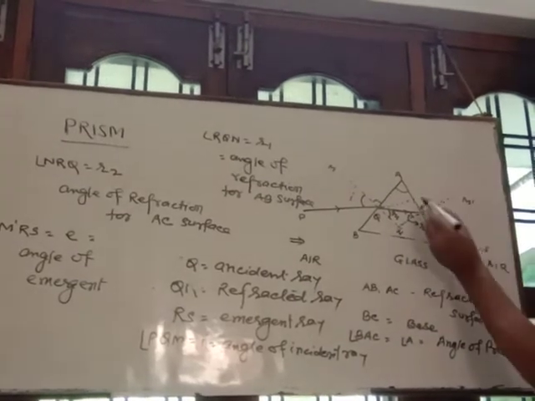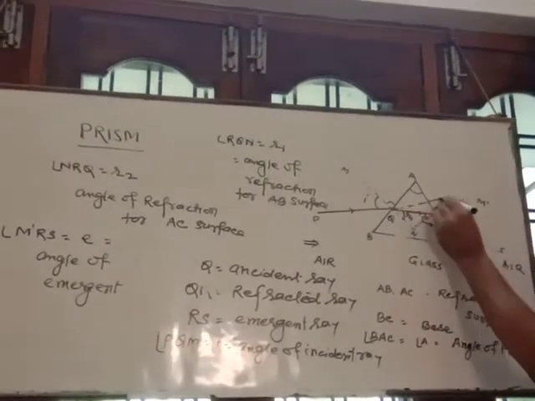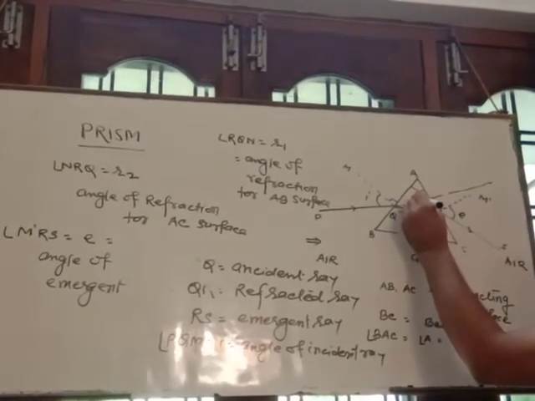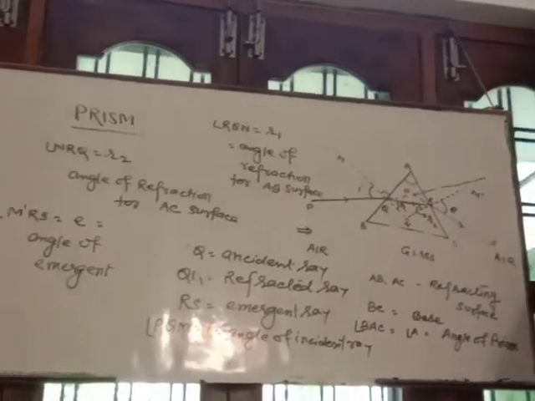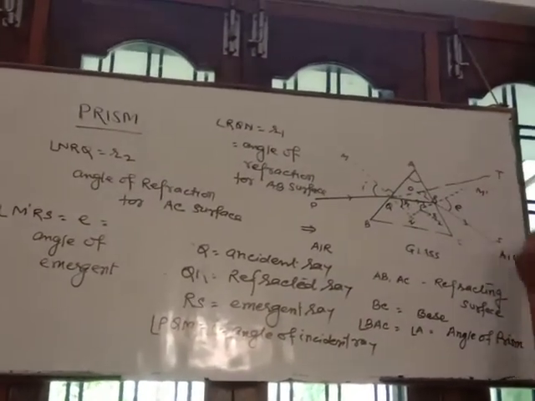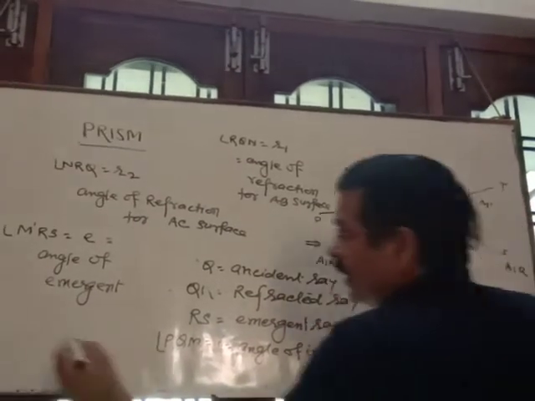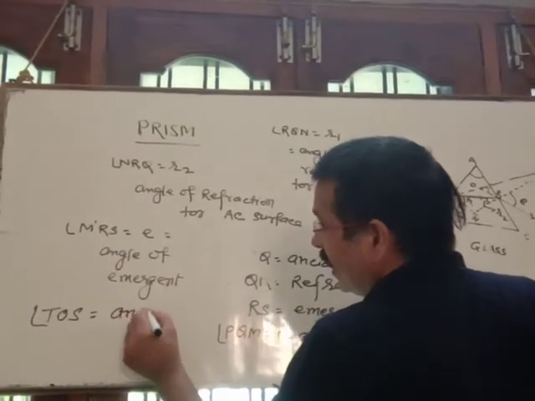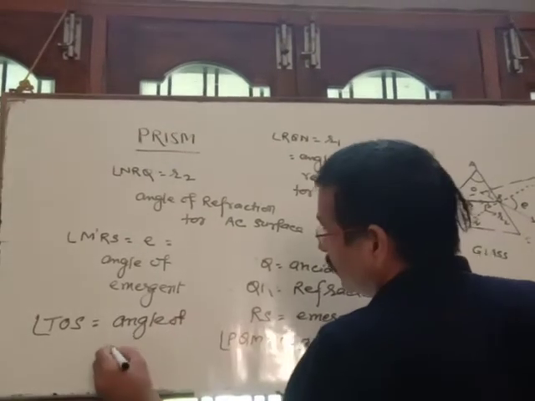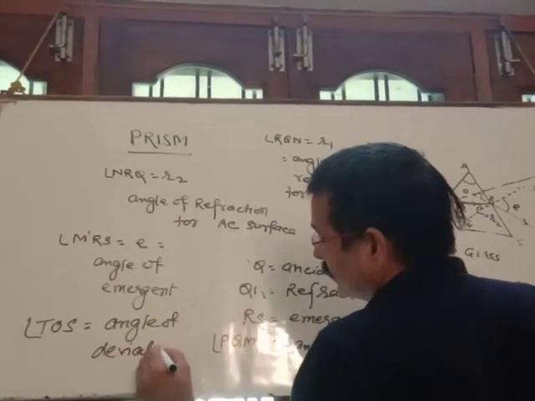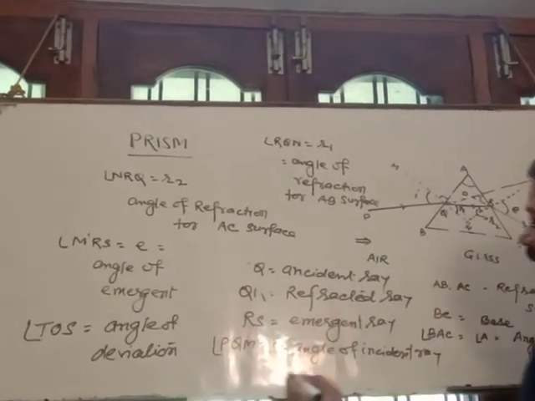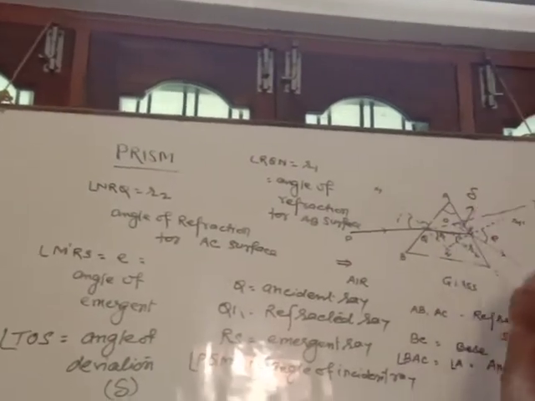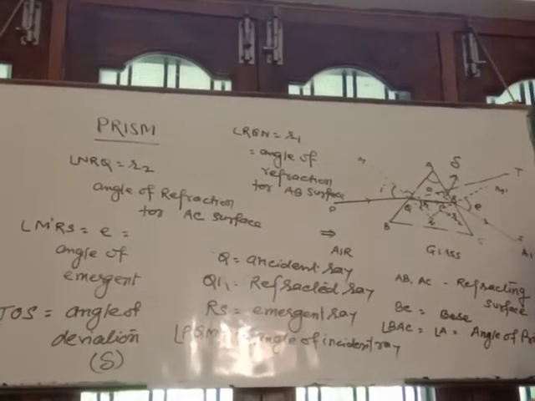If we extend the emergent ray RS in the reverse direction, it meets the incident ray at point O. Let this point on the incident ray be T. This angle TOS is called the angle of deviation, denoted by delta. So these are the terminologies for the prism.